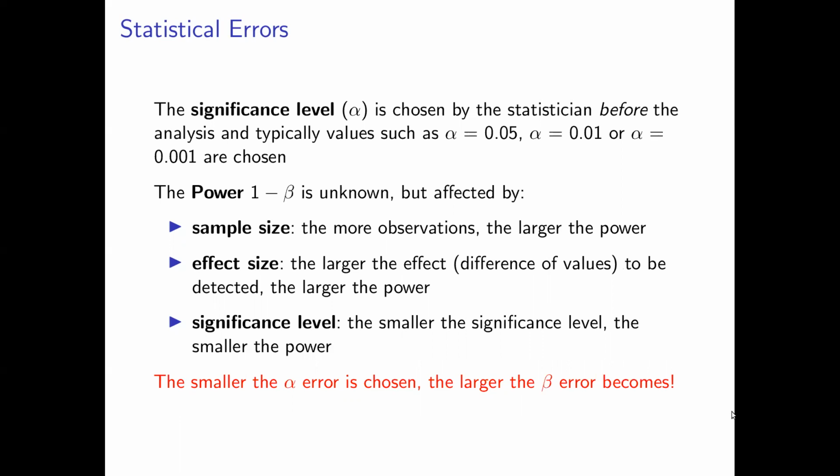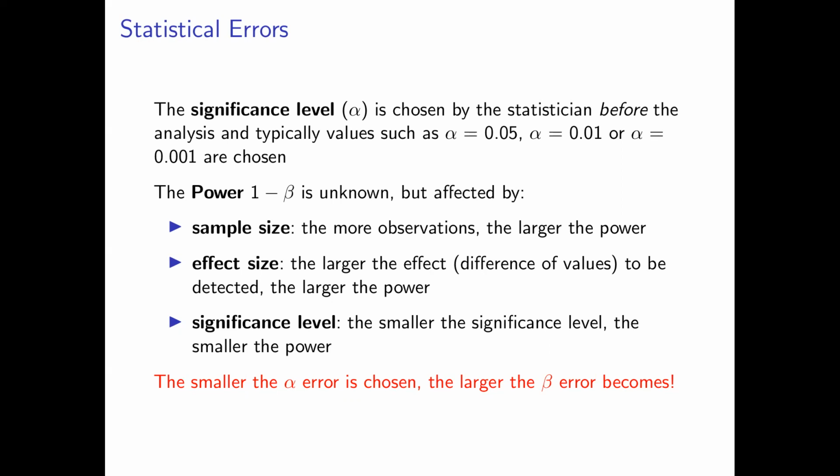So remember that this power is related to the sample size. The more samples we have, the more power we have. It's related to the significance level. The smaller the significance level, the smaller the power, which is bad. Smaller significance level means smaller type 1 error, but unfortunately it also means a larger type 2 error.